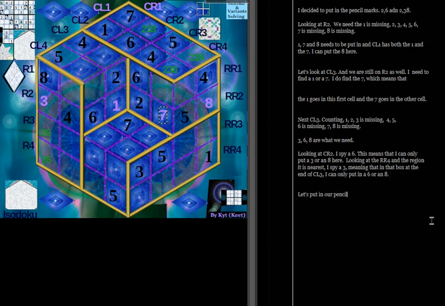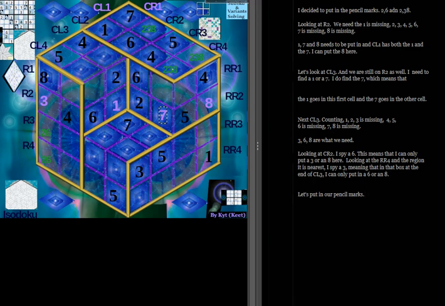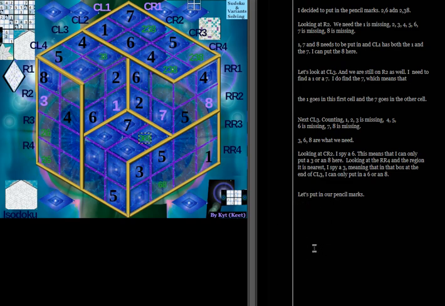Let's put in our pencil marks. Notice that the other empty cell can take all 3 numbers.